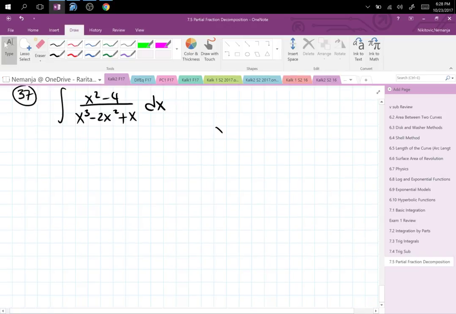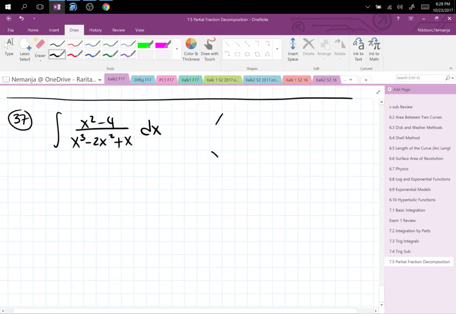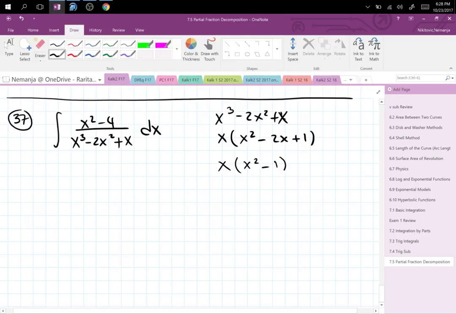Now we need to factor x cubed minus 2x squared plus x. We see that we can factor out x, which leaves us with x squared minus 2x plus 1. And if you paid attention, you see that this is x minus 1, everything squared. It's a square of binomial right there.